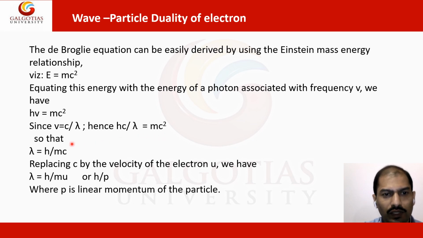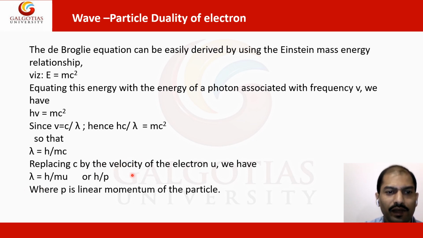The final form for lambda: the c cancels, so lambda will be h upon mc. Replacing this c by the velocity of the electron, which you can represent as u, we get the relationship lambda equals h upon mu.